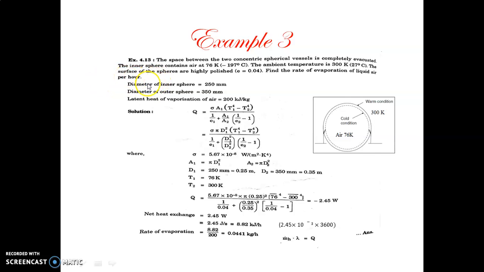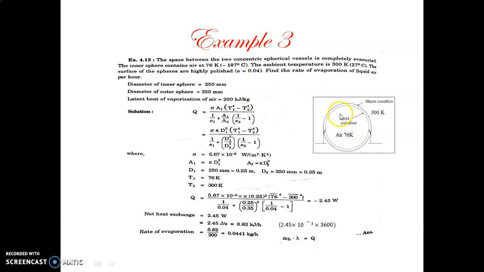per hour. The data given: diameter of the inner sphere 250 mm, diameter of the outer sphere 350 mm, and the latent heat of vaporization of air is 200 kilojoules per kg. First we will understand the problem.